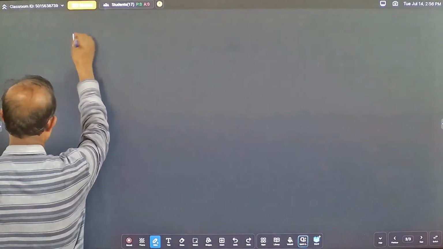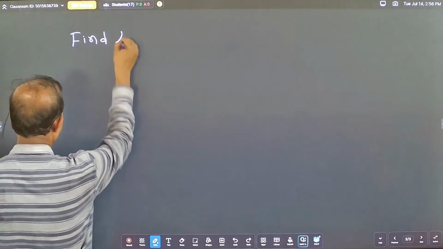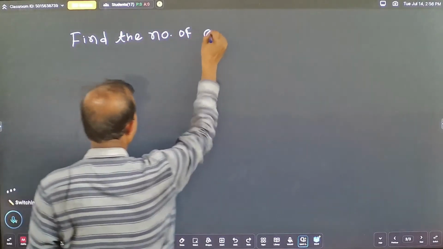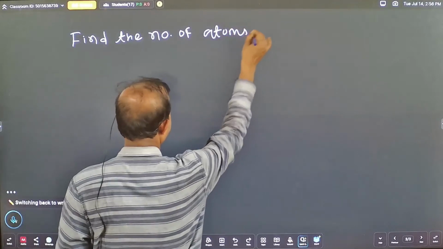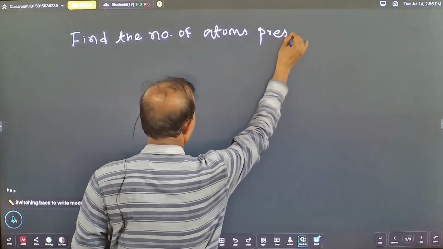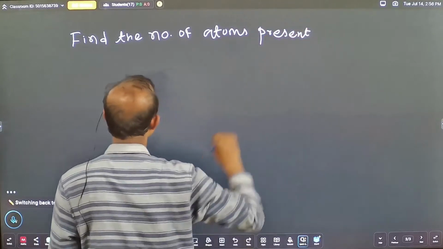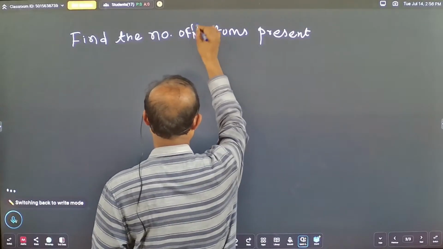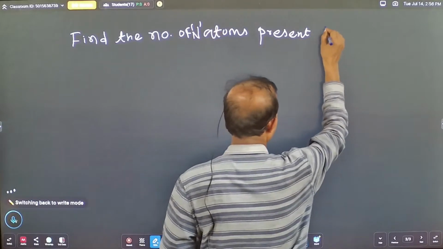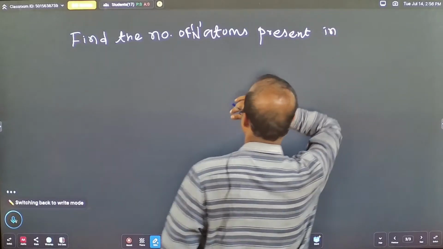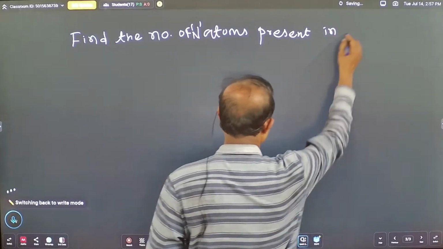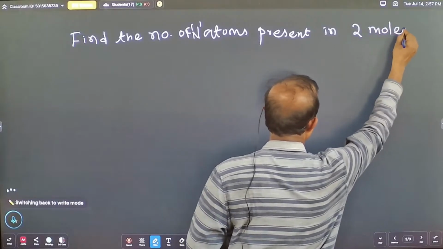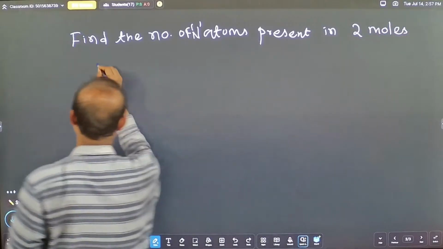Find the number of nitrogen atoms present in 2 moles of nitrogen.